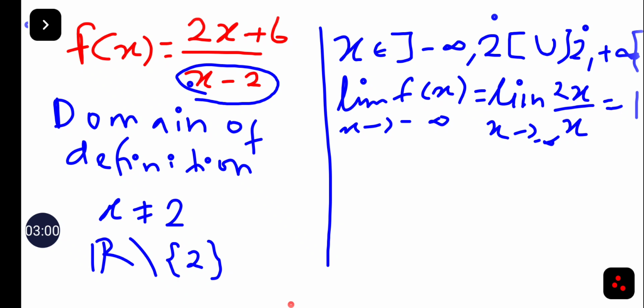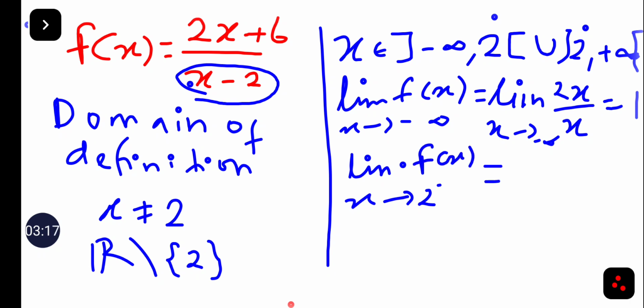Now the limit as x tends towards 2 from below of f of x. How do we obtain it? From below means, say, 1.99.